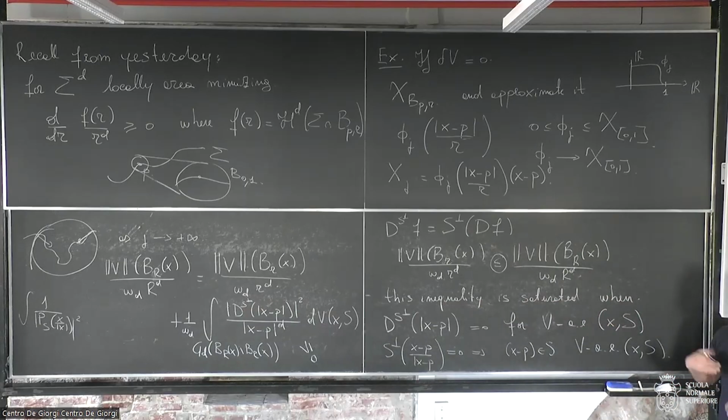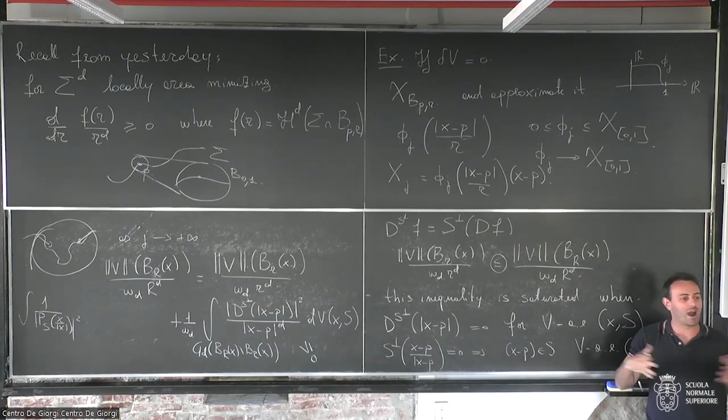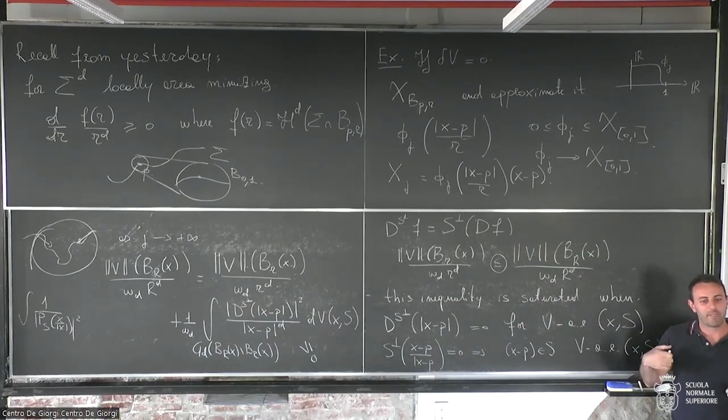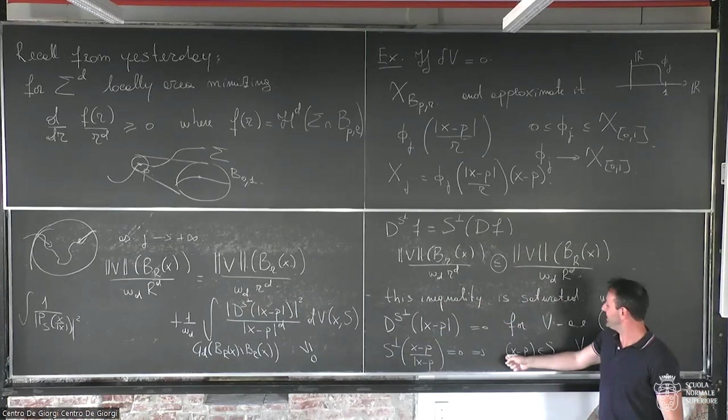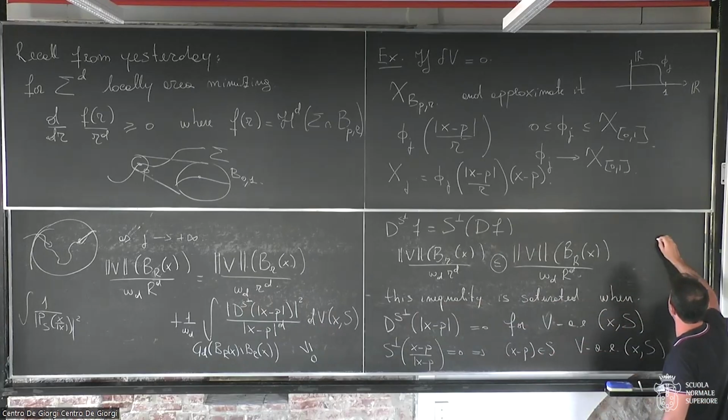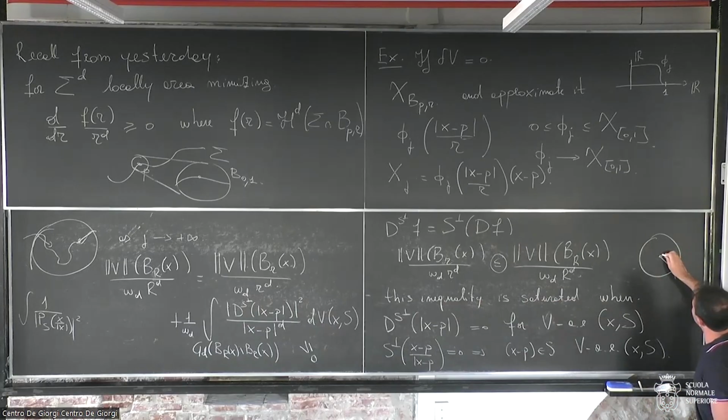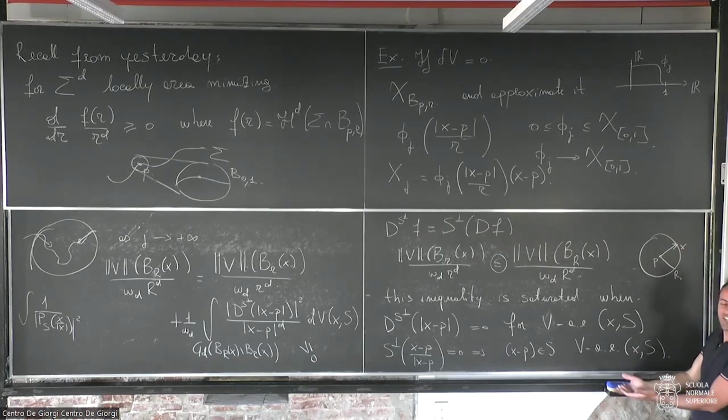Okay, so you start seeing already, this is not a formal proof that blow-ups are cones, but it's indicating that, right? So it's saying that every time you have your varifold, this is a ball of radius r, at the point x, x minus p should be in the tangent plane at x, right?